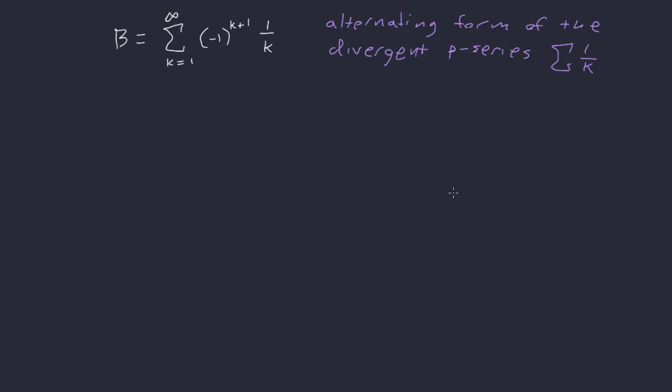Well, here's what's interesting. The ak's in this case are 1 over k. Now these are positive, they're decreasing, and they converge to 0. So by the alternating series test, B converges. And that's kind of crazy because this non-alternating version does not.